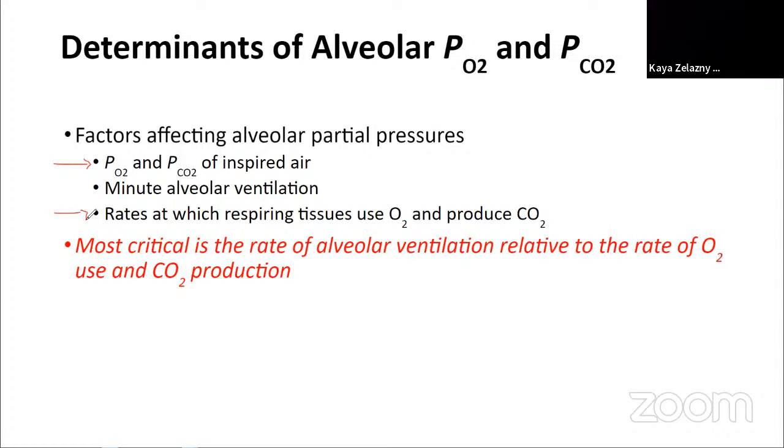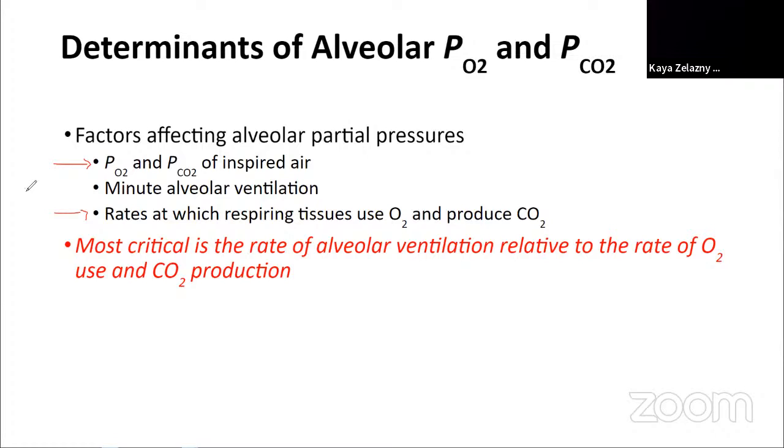If you change how much ATP you're producing, you're going to be changing how much CO2 you're producing as a byproduct and how much oxygen you're using. So you could change the alveolar partial pressures by changing the partial pressures of the gases that are coming back to the lungs. That I don't think we see changing very much.